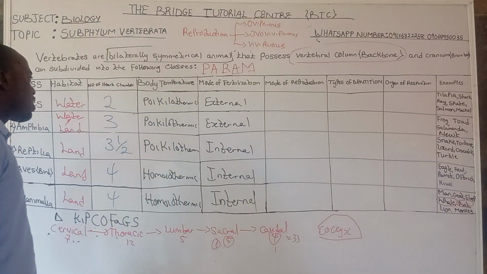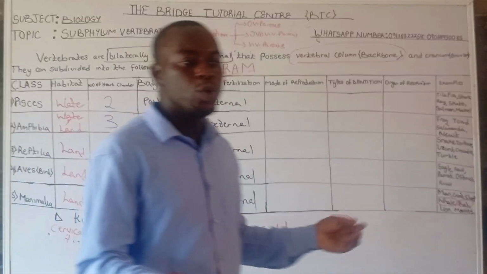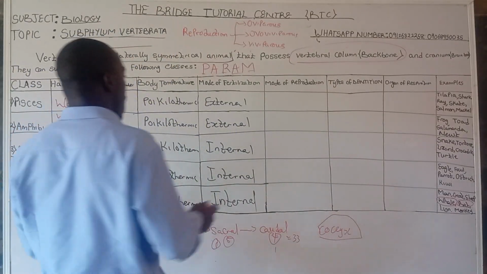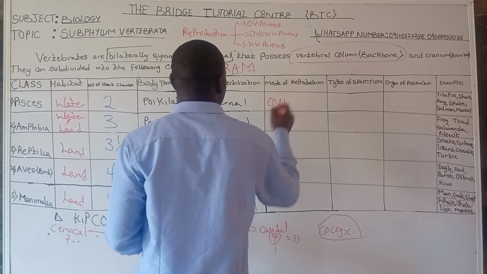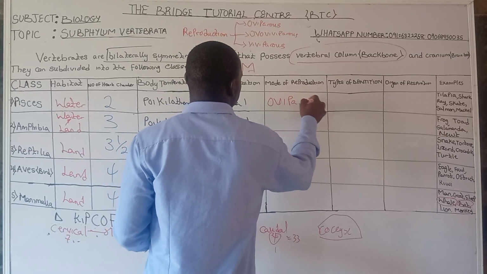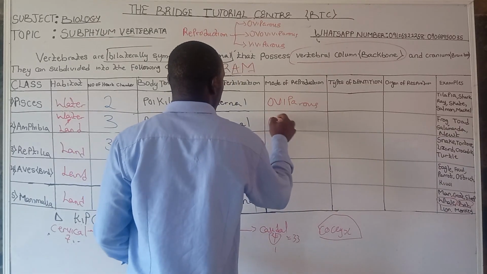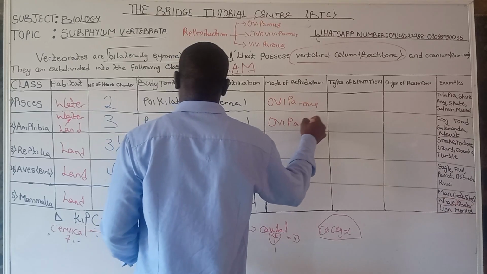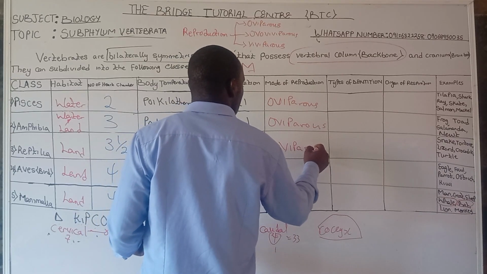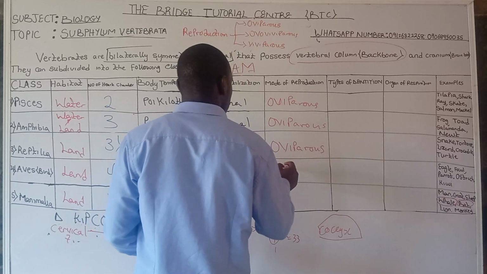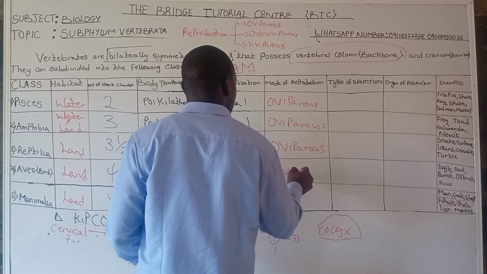So now, among these five classes, which is oviparous, which is viviparous? The first one, Pisces, is oviparous. Amphibia is also oviparous. Reptilia is also oviparous. The next one, Aves, is also oviparous.